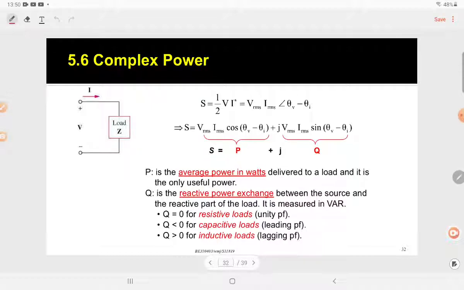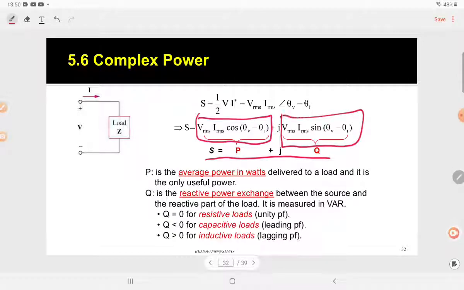Actually S equal to P plus JQ, where P is your average power in watts, given by V RMS I RMS cos theta V minus theta I, and Q is your reactive power, given by V RMS I RMS sin theta V minus theta I, right?